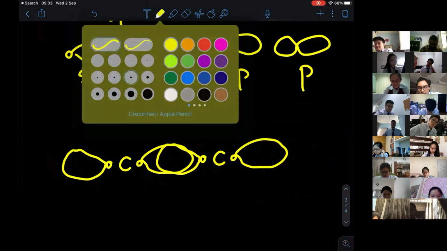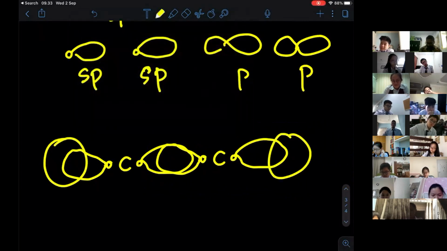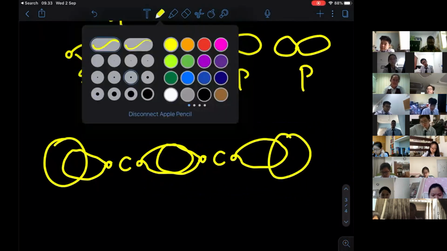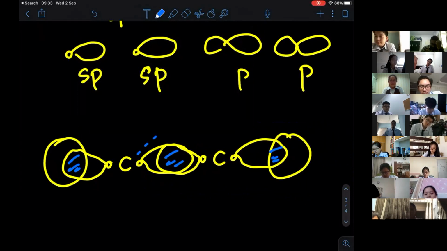So hydrogen, hydrogen, hydrogen. Still sigma bond, sigma bond, sigma bond. Now, do remember that each carbon has 2 p orbitals. So let's say one of them, I just want to show like this.